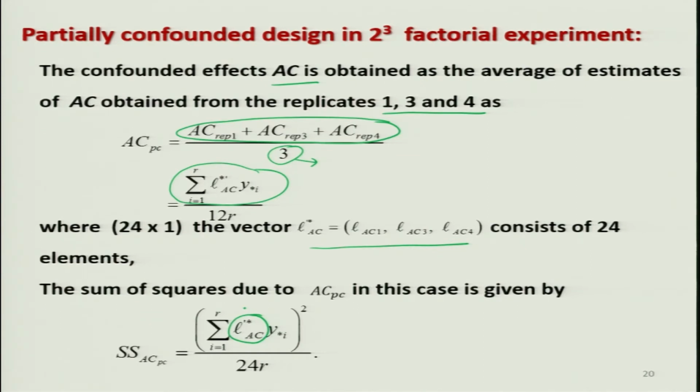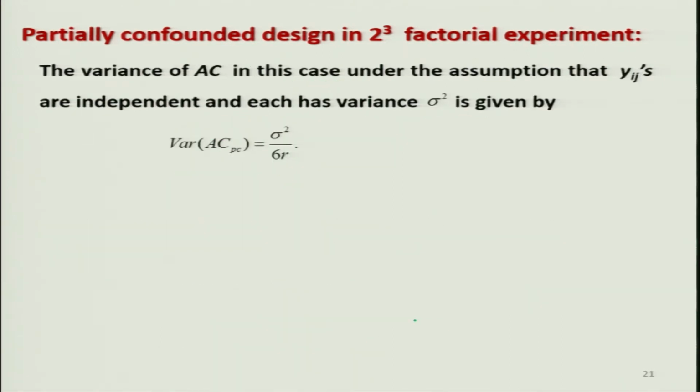So it will be summation i goes from 1 to R of L star prime transpose AC y star i, whole square, divided by 24R.